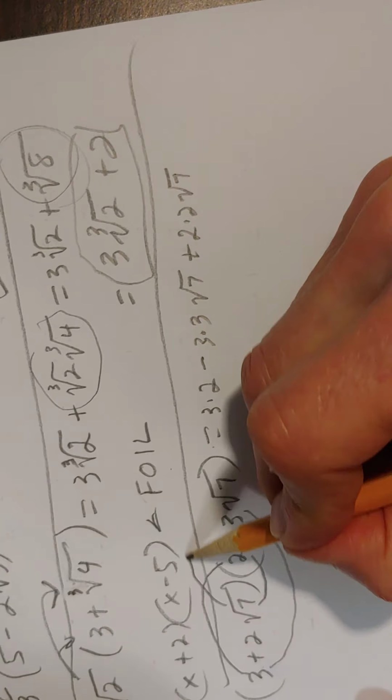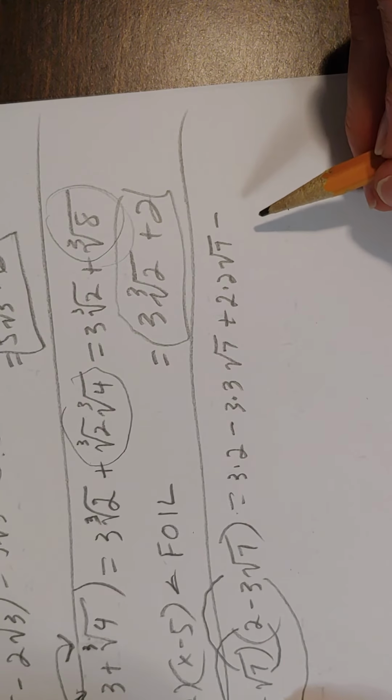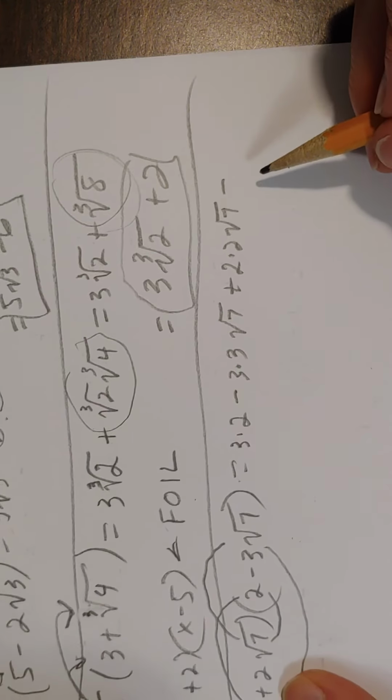And then last times last, positive times negative, so we're going to get a minus sign. We have 2 times square root of 7 times 3 times square root of 7, that's 2 times 3, and then square root of 7 times square root of 7, which is just 7.